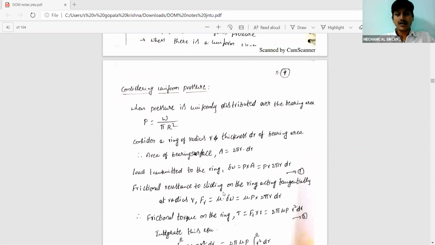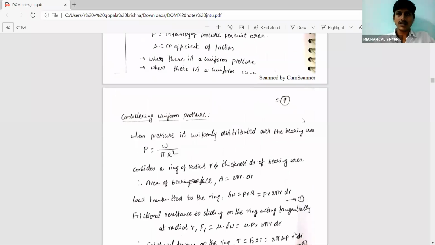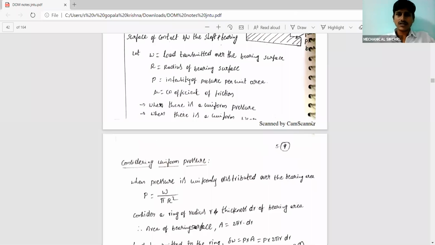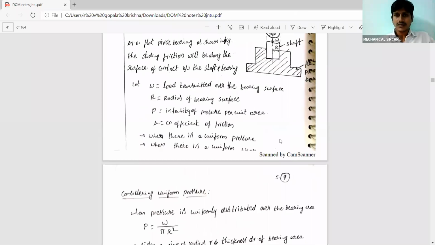Directly they may not take the total frictional torque value and total power value. Instead, consider one small strip or one small ring. Observe the diagram, a very important diagram.